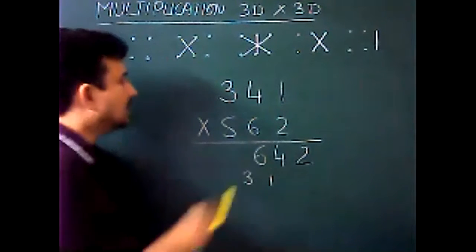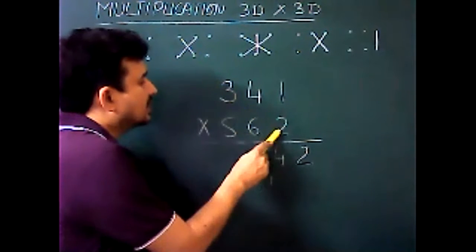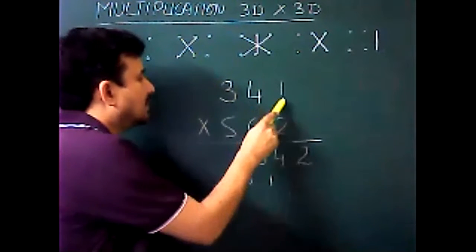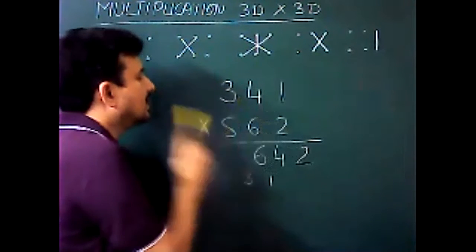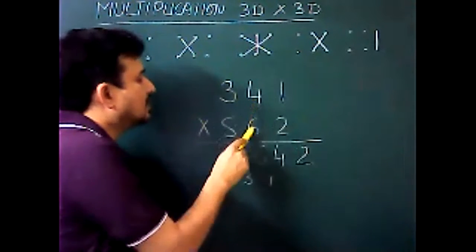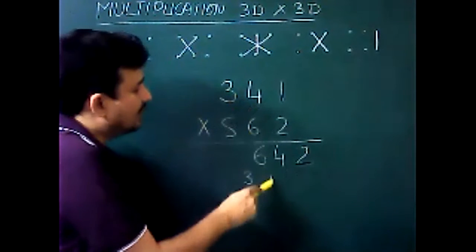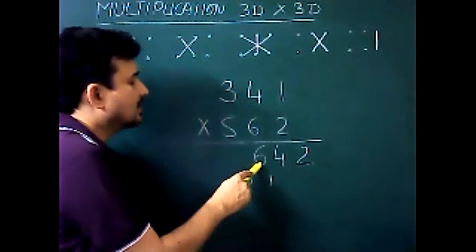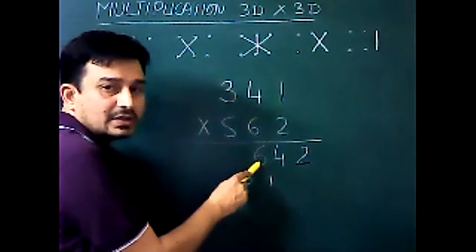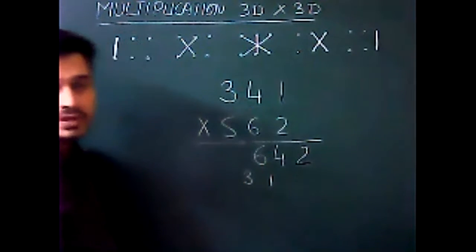I am repeating this step. 3 times 2 is 6, plus 5 times 1 is 5. 6 plus 5, 11. Then 4 times 6 is 24. 11 plus 24 is 35 and 1 from carry. This becomes 36. I have written 6 over here and 3 will go as carry.